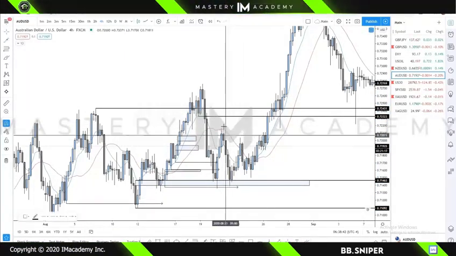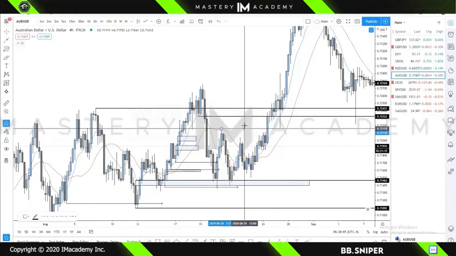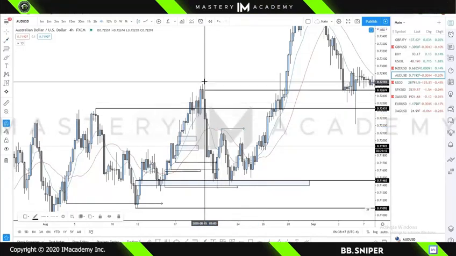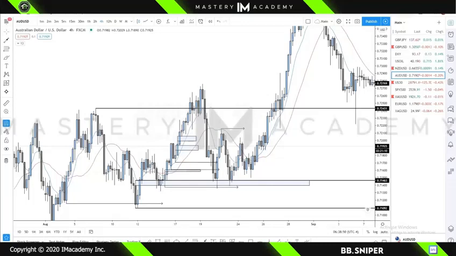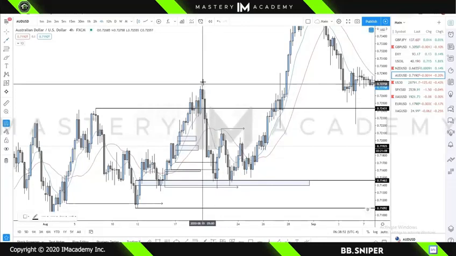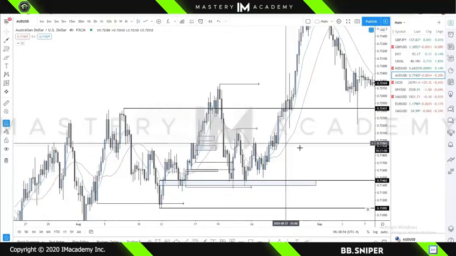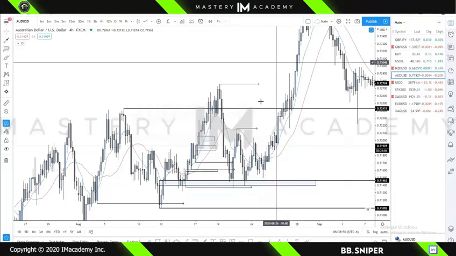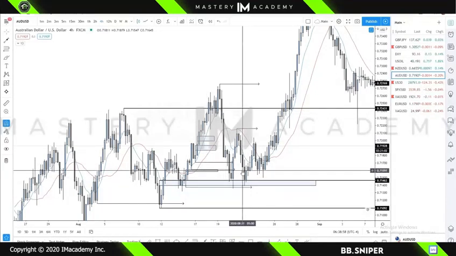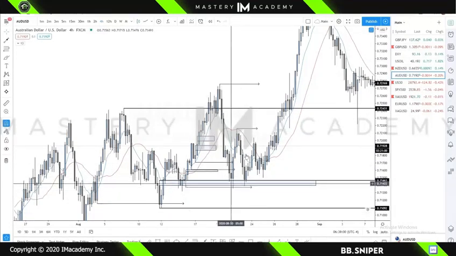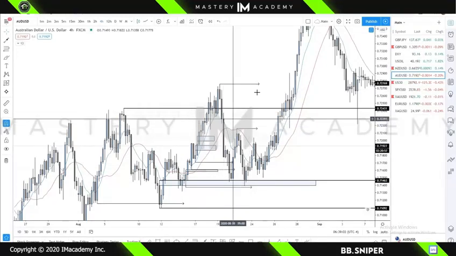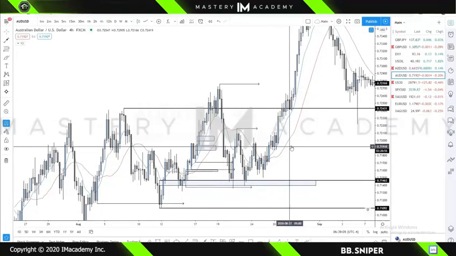Sellers with stops above here, and sellers with stops above here. So now it's seeking that external liquidity. After internal is captured, we seek external. After external is captured, it's going to seek internal.